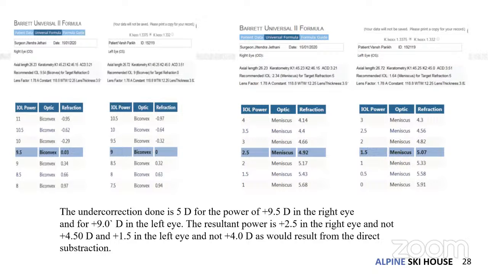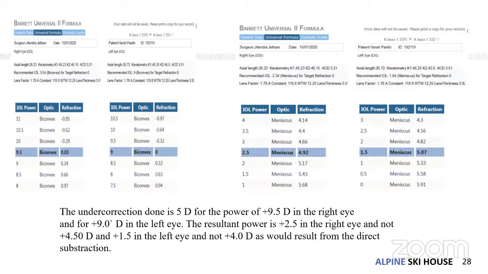In that case, you put the target as, for example, +4 hyperopia, which is what you are going to plan. The rule of 7 is there, 7 minus 3, so 4 diopter hyperopia at the age of 3 years. That is what is planned. Then in the Barrett calculator, you can put the target as +4 and calculate the IOL power.